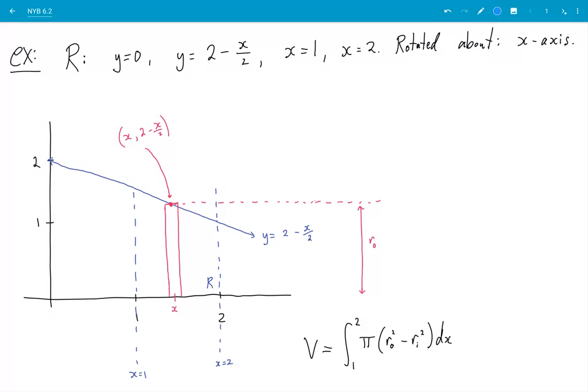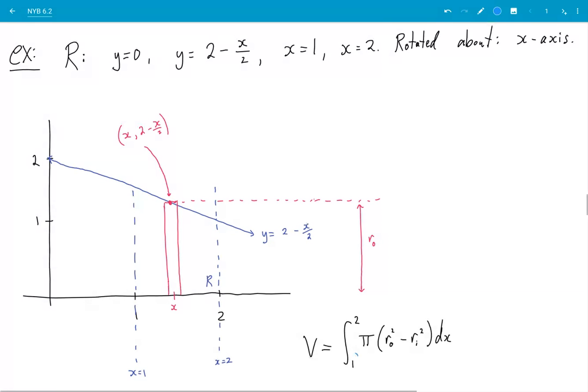It's always of this form. Okay, you have your bounds of integration, which I haven't mentioned yet. Okay, we're doing an integral dx. So as I do this integral, x is going from what to what? Well, because this is my region here, my x values are going from 1 to 2.